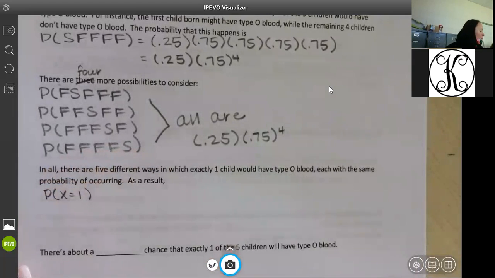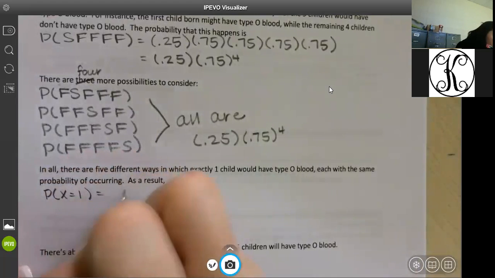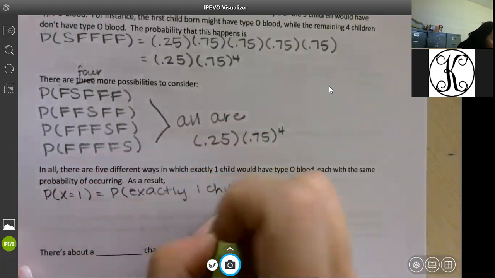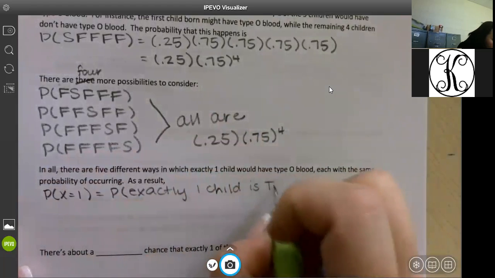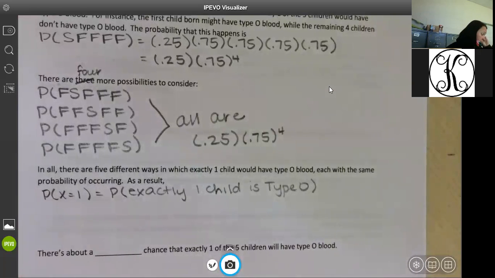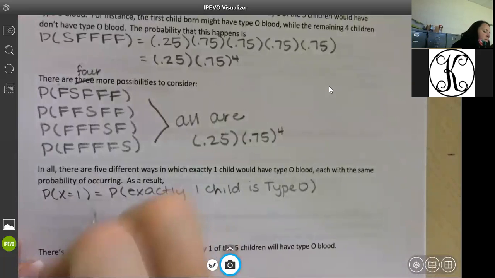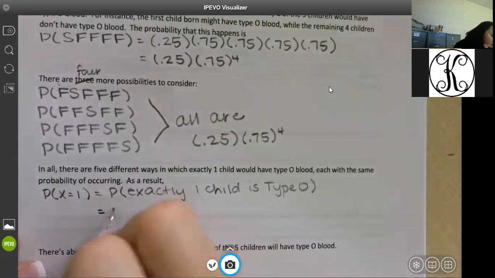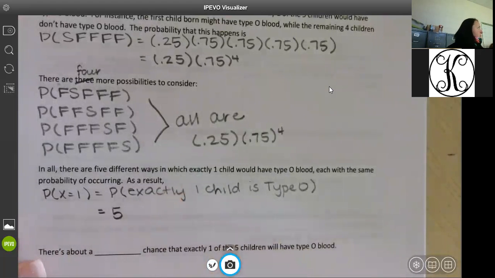The probability of getting 1 success is the probability that exactly 1 child is type O. There are 5 chances of exactly 1 happening.